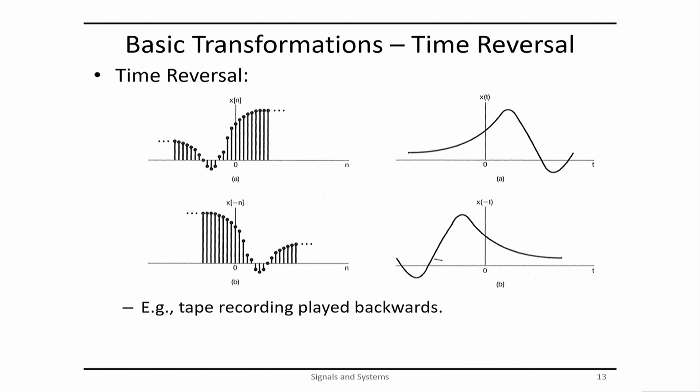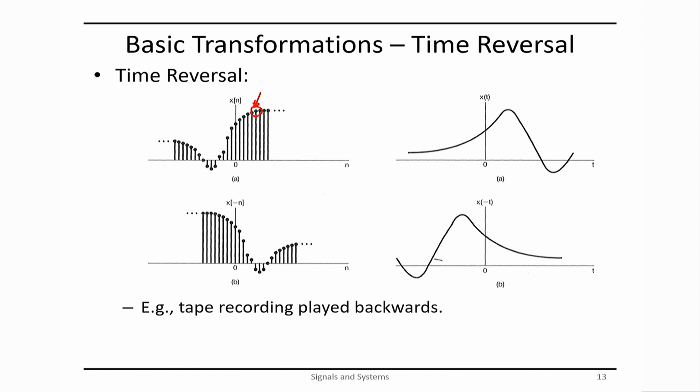This is because if you are looking at a signal value at a particular time n, then after the time reversal, this value will be observed at the index minus n instead of the original index n.